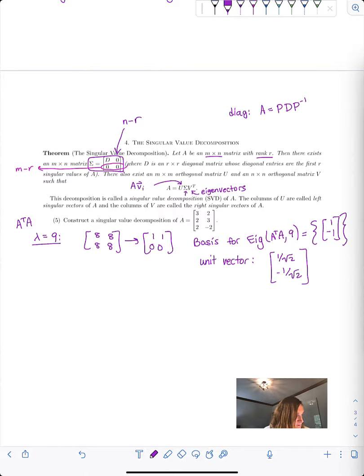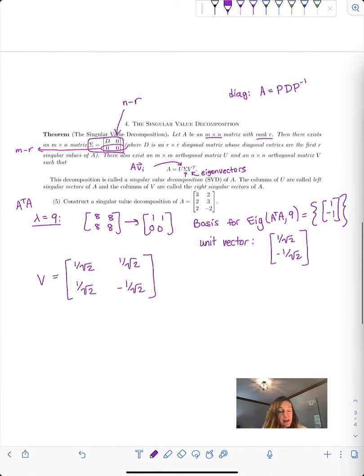So now our matrix V, we get by just placing our eigenvectors in here. Our first eigenvector corresponded to lambda equals 25, and our second eigenvector corresponded to lambda equals 9. Now our sigma we want to be the same size as A. So A is m by n, so sigma is m by n.